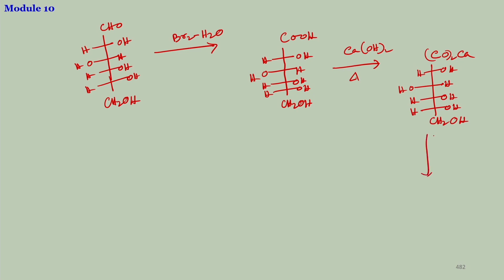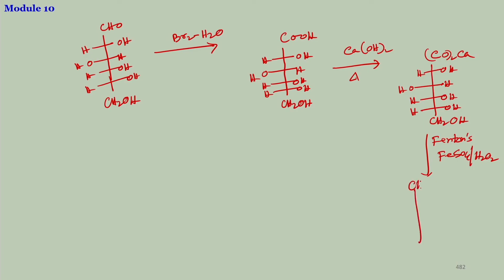This, if you treat it with Fenton's reagent, Fenton's reagent is basically your FeSO4 in hydrogen peroxide. Then you get elimination of carbon dioxide, and the next carbon would be exposed.